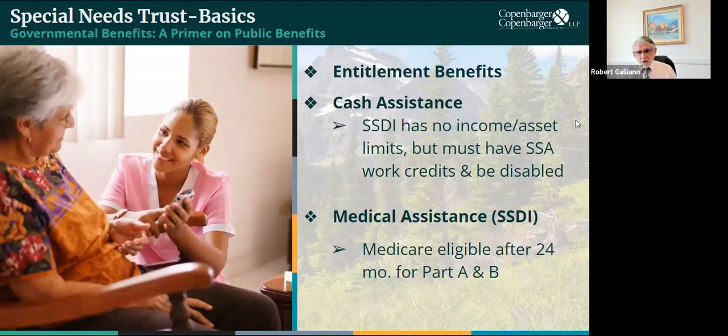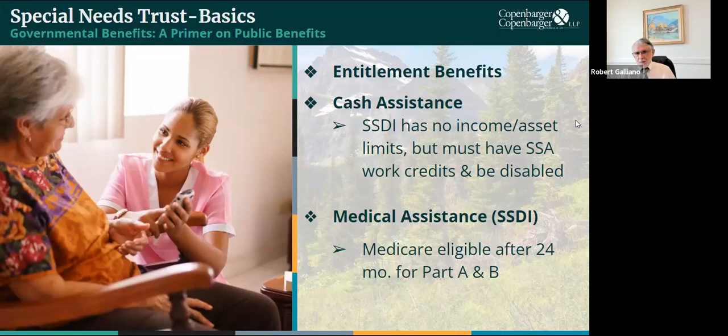You also have to qualify as being disabled under the disability determination guidance put out by the Social Security Administration. So if you have worked the required number of work credits and you are disabled, you are entitled to apply for cash assistance under the SSDI program.